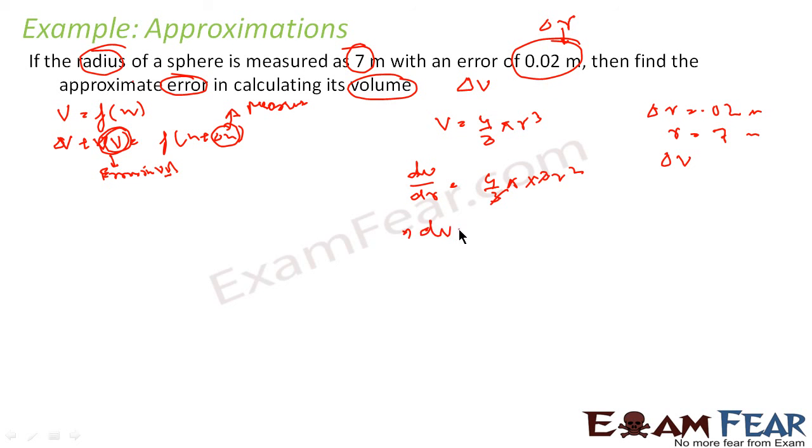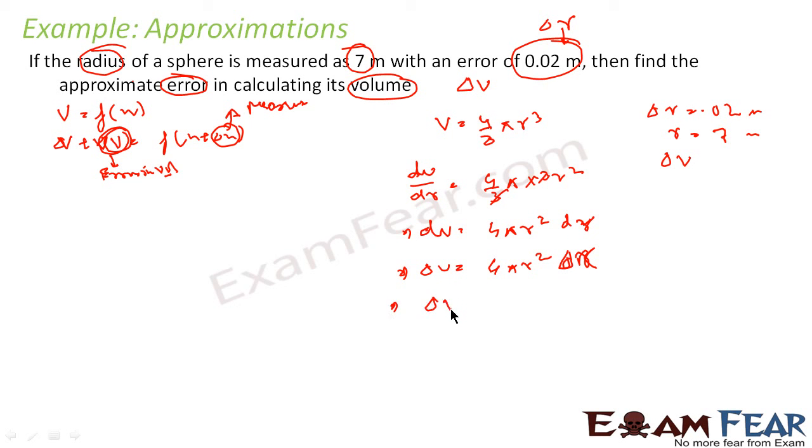So dV is 4 pi r square dr, or delta V is 4 pi r square delta r, because I am assuming that dV and dr are very small.